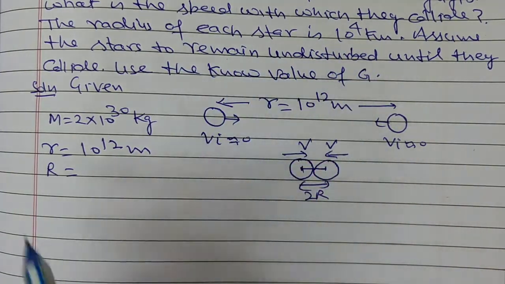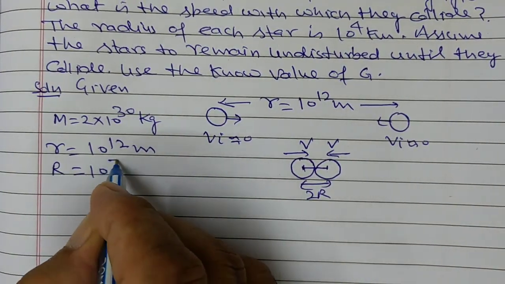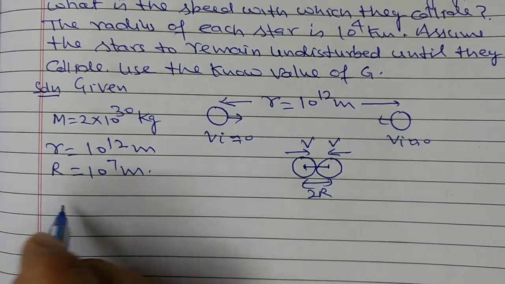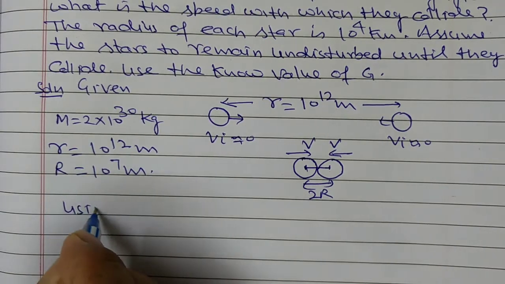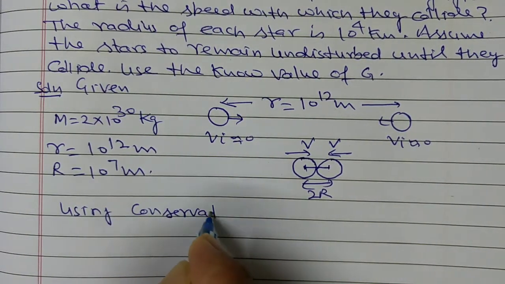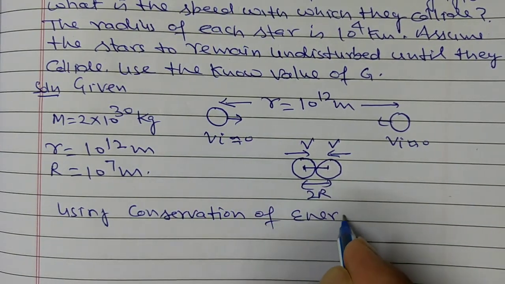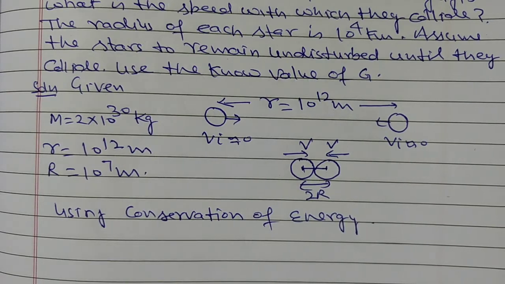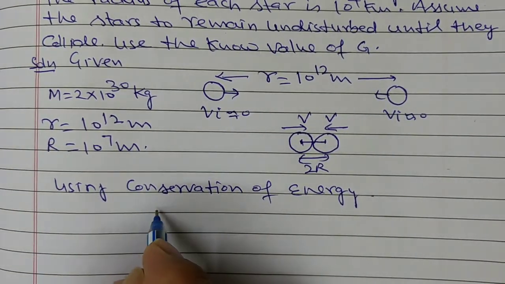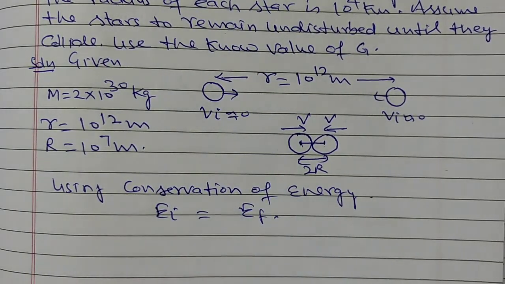Radius of each star is 10 to the power 4 kilometer, or this is 10 to the power 7 meter. Now using conservation of energy, that is, initial energy is equal to final energy.